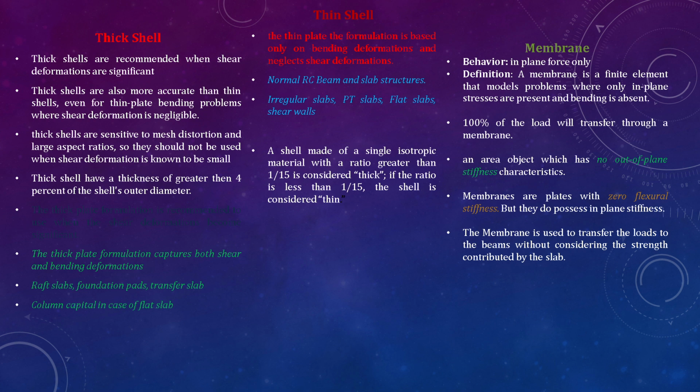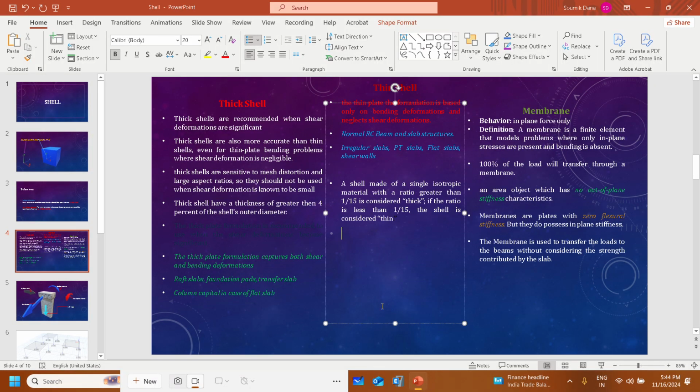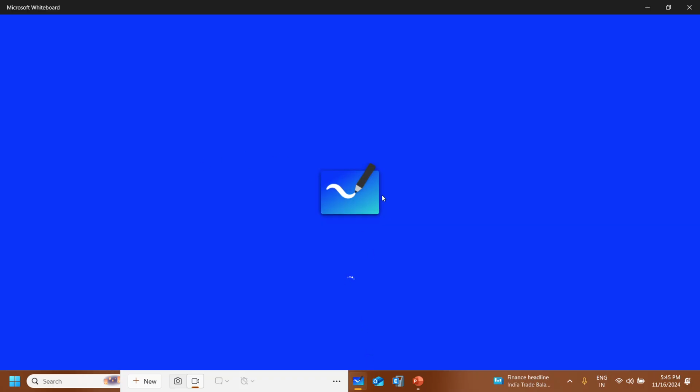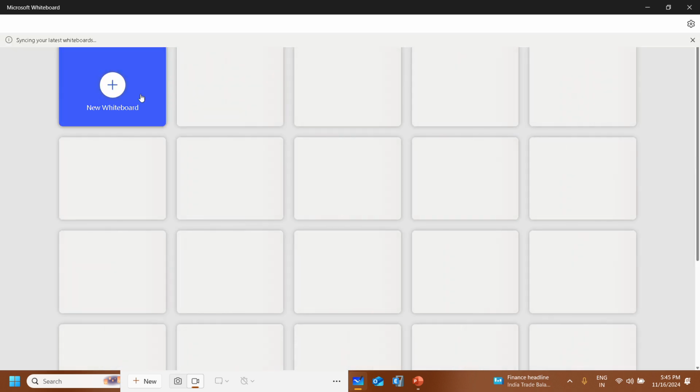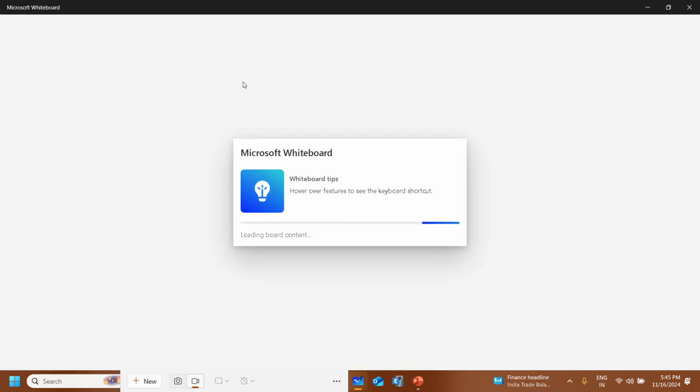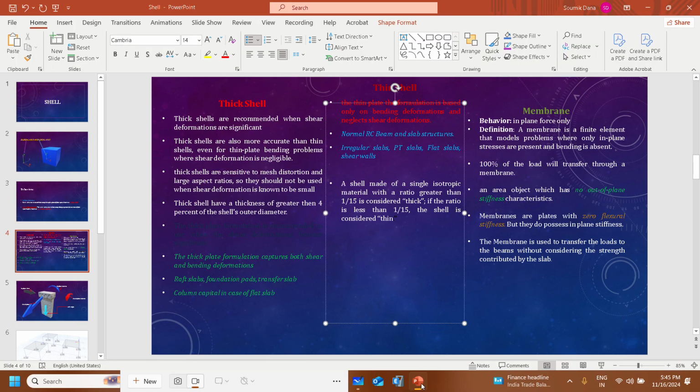What do you differentiate between thick cells and thin cells? It is clearly mentioned: a cell made of a single isotropic material with a ratio greater than 1 by 15. What does that mean?